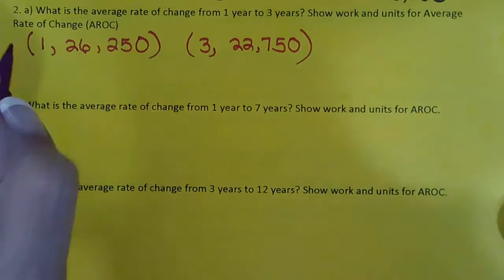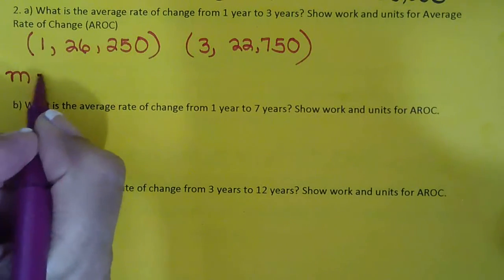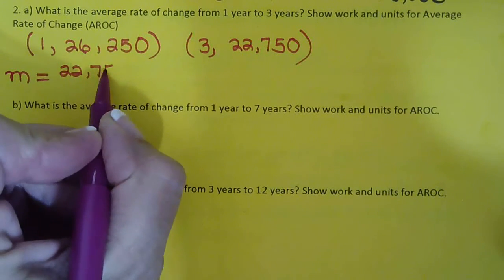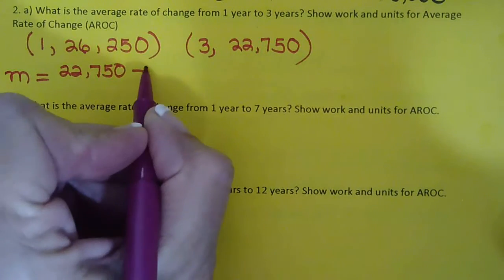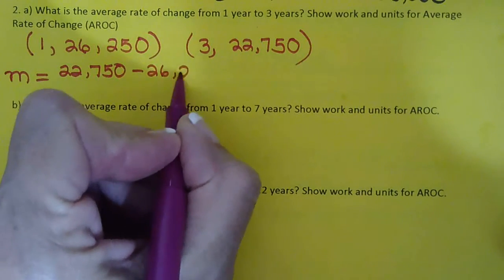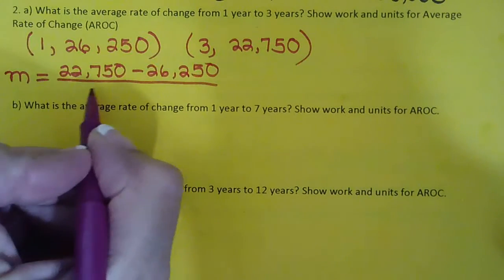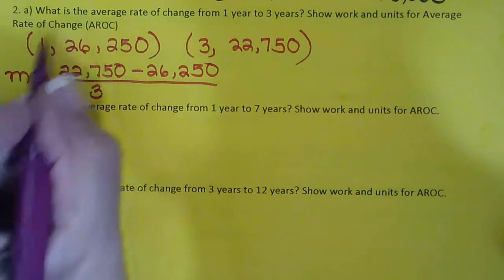So let's go ahead and do this. We have the second Y, 22,750, minus the first Y, 26,250, over the second X, 3, minus the first X, 1.